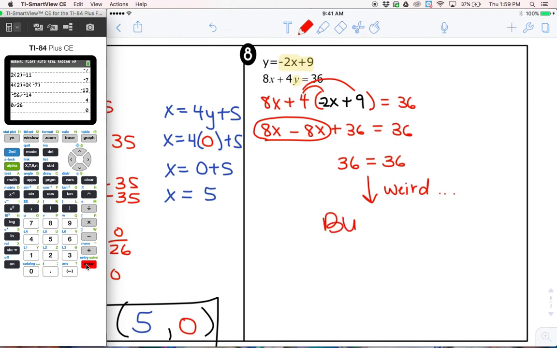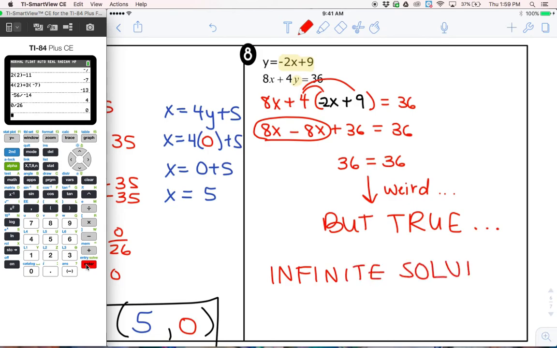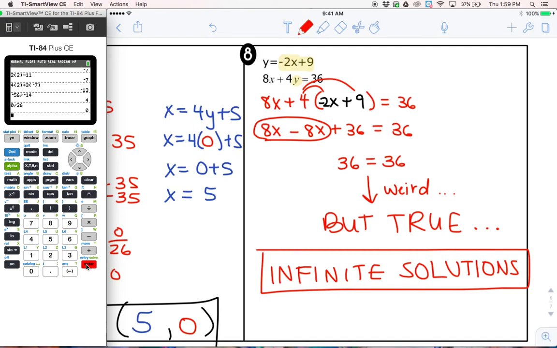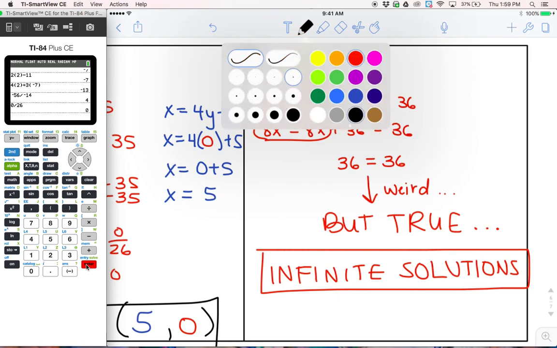Now, if it's weird but true, 36 does equal 36, we have got infinite solutions. So if we had ended up with a weird statement that was false, that would have been no solution.